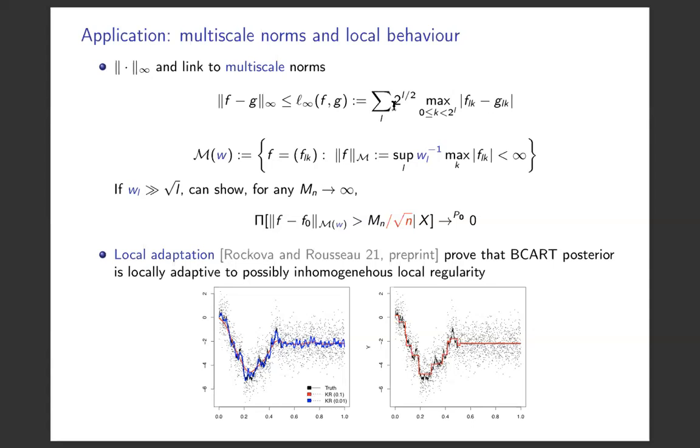If you forget about the 2 to the L over 2 and also about the sum, so just transform it into max and sups, it turns out that you get a space in which convergence at rate 1 over square root of n is possible, as long as you still weight a little bit here, just accounting for the fact that the max of 2 to the L Gaussians is of the order square root of L. If you do that, then you can show that in multiscale norms you converge at parametric rate, which will be important a bit later in the talk.